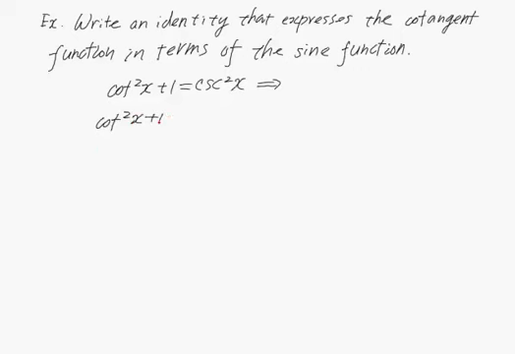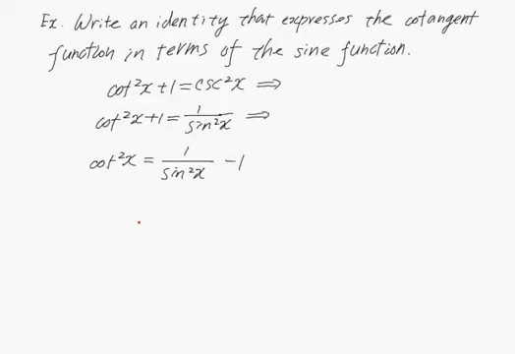we got cotangent square x plus 1 equal to 1 over sine square x. And since we need to write the cotangent in terms of the sine, we may move this 1 to the right side. Then we get cotangent square x equal to 1 over the sine square x minus 1.